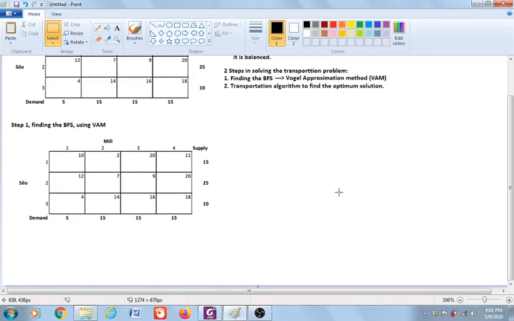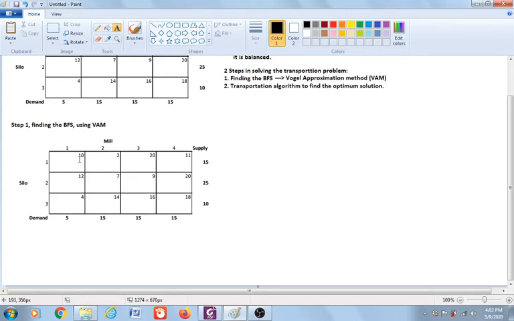In the Vogel approximation method, the first thing that we need to do is, for each row or column, determine a penalty by subtracting the smallest unit cost element in the row or column from the next smallest unit cost element in the same row or column. So let's do that. Row 1, the smallest cost is 2 and the next smallest cost is 10.